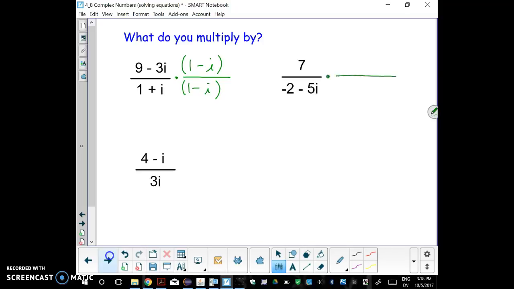Answer is the conjugate. So you keep the negative 2 part and then just flip the sign with the imaginary part. So it'd be negative 2 plus 5i, and you do that to both the top and the bottom. Last example here is a little bit different because it's just a 3i, and if it's just a regular number with i here, you just multiply the top and bottom by i.